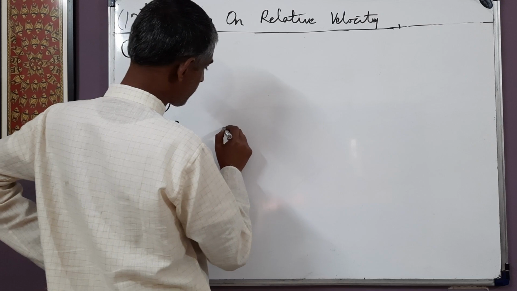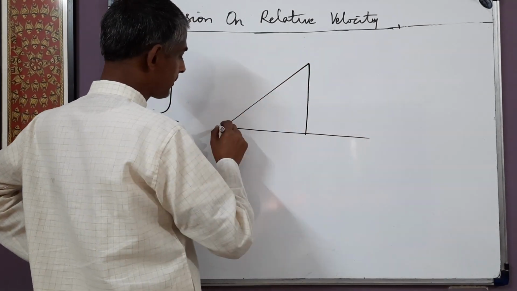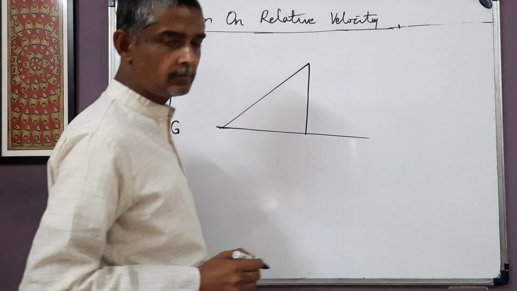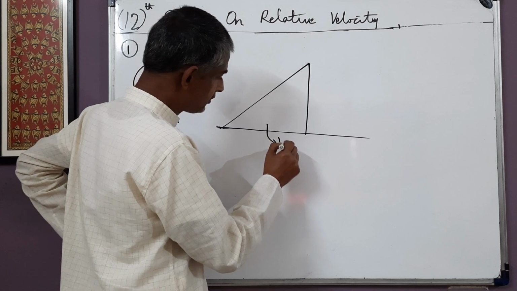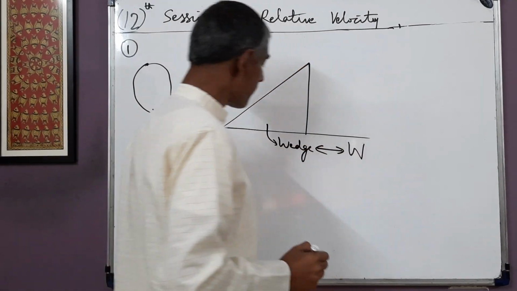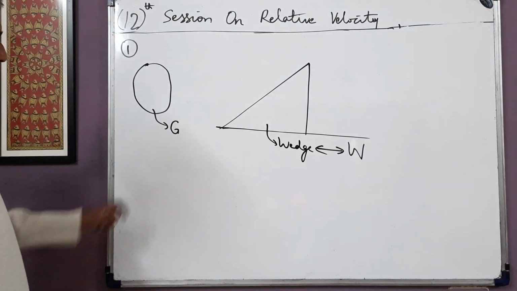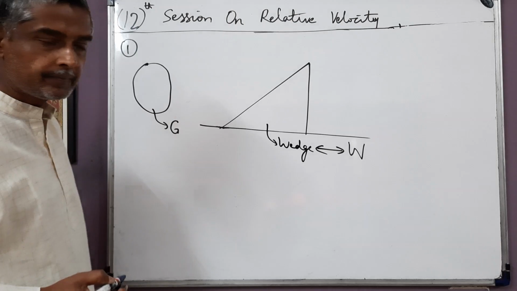And this is the wedge, a triangular block taken to be a rigid body. So this is the wedge, which will be denoted by W, and G for ground. This is the ground frame, okay?